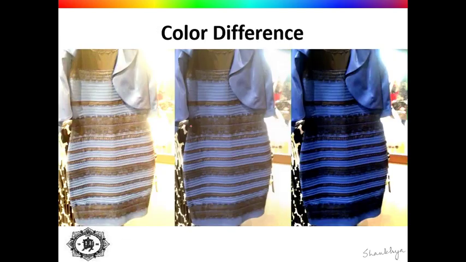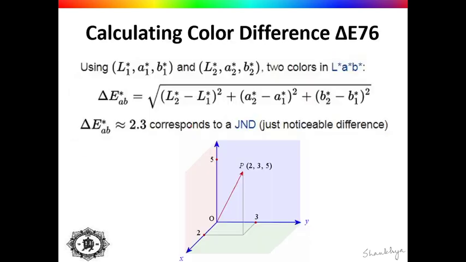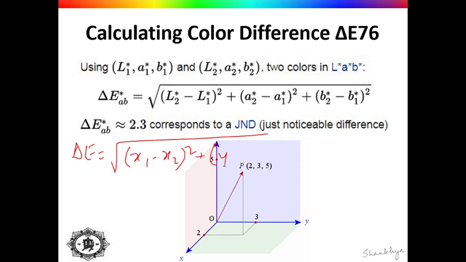I'll show you in one of the slides. Yes, there you have it. In the previous case, in this xy coordinate system, how did we define delta E? We defined delta E as root over x1 minus x2 whole square plus y1 minus y2 whole square.